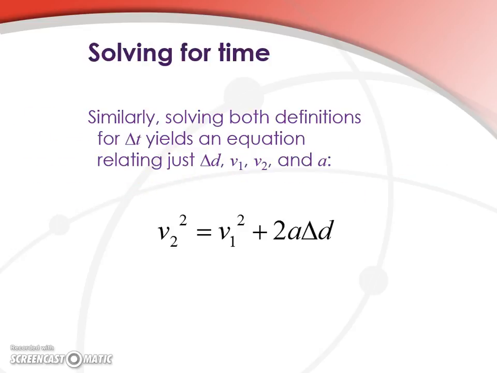Okay, so what we can do is manipulate the variables in the same kind of way and get v2 squared equals v1 squared plus 2a delta d. And then from there, we can just sub in our starting speed of 30 meters per second and sub in our acceleration and our distance and solve for v2.